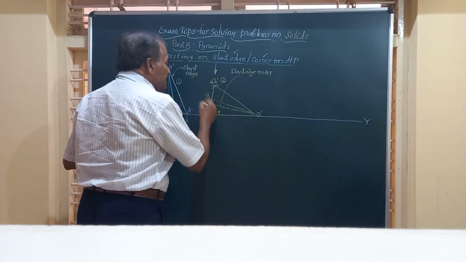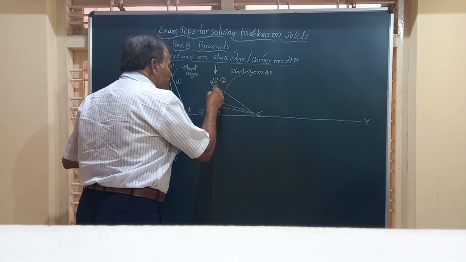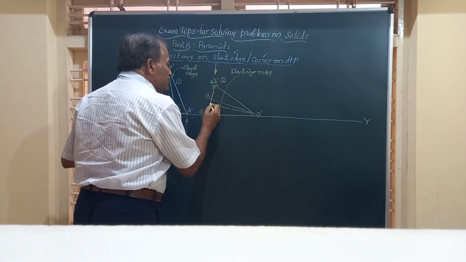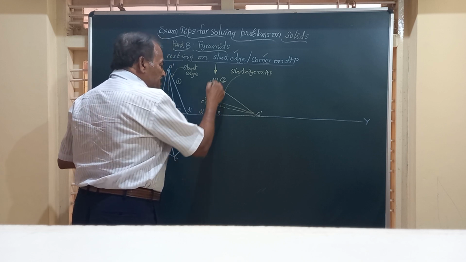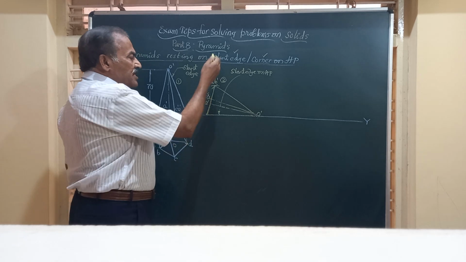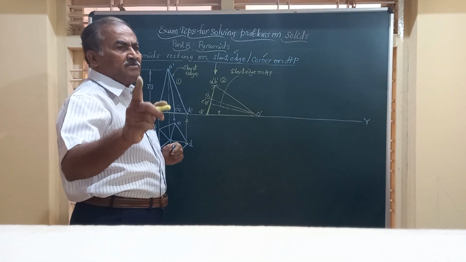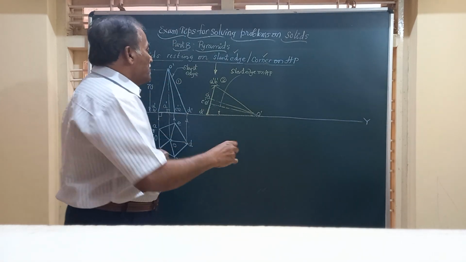That is to say, here this point is C dash E dash, okay. This line represents the pentagonal base. So get all the 5 points, join them by straight lines to get the top view of the base.